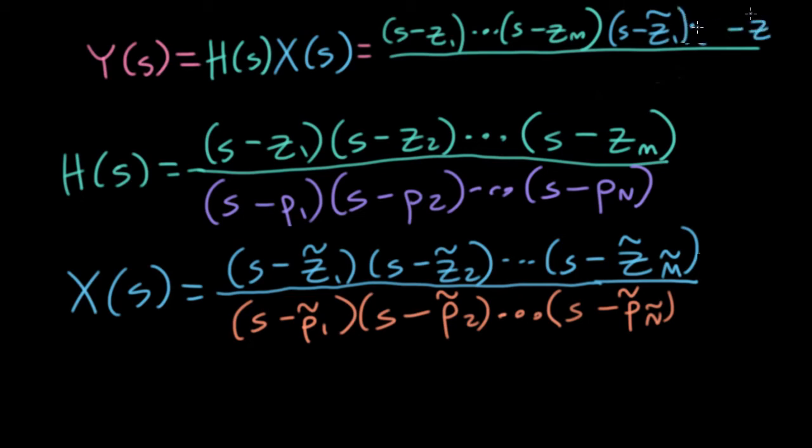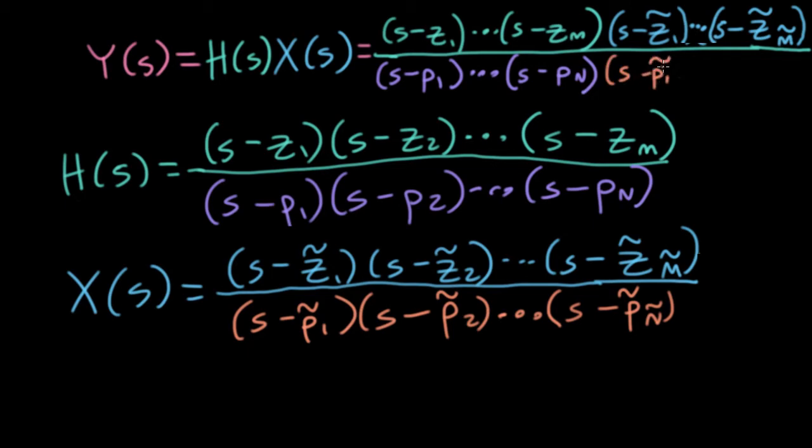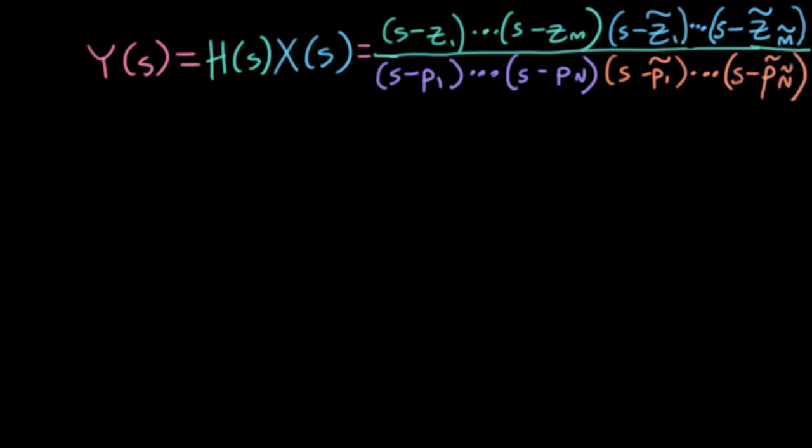Similarly with the poles, I'll have some generic poles in the output. And some of these poles are going to come from the very specific, strict terminology of the use of poles from the denominator of the transfer function.